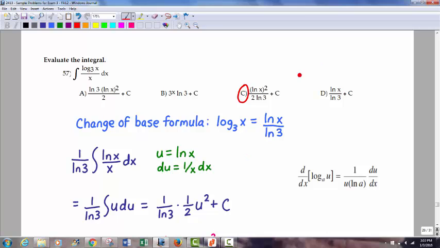Even if it's not on the formula sheet, I could put a hint, change of base formula, and write it there. I did it this way because the answers don't have log base 3 of x in there. They're in terms of ln of x. So I use this conversion right here. So log base 3 of x would be ln of x divided by ln of 3.